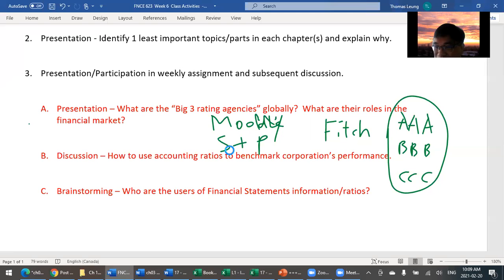You cannot just say AAA. So it means they are selling their reports, their analysis. If you want a more detailed report, not just AAA or BBB, then you need to pay them and buy it.